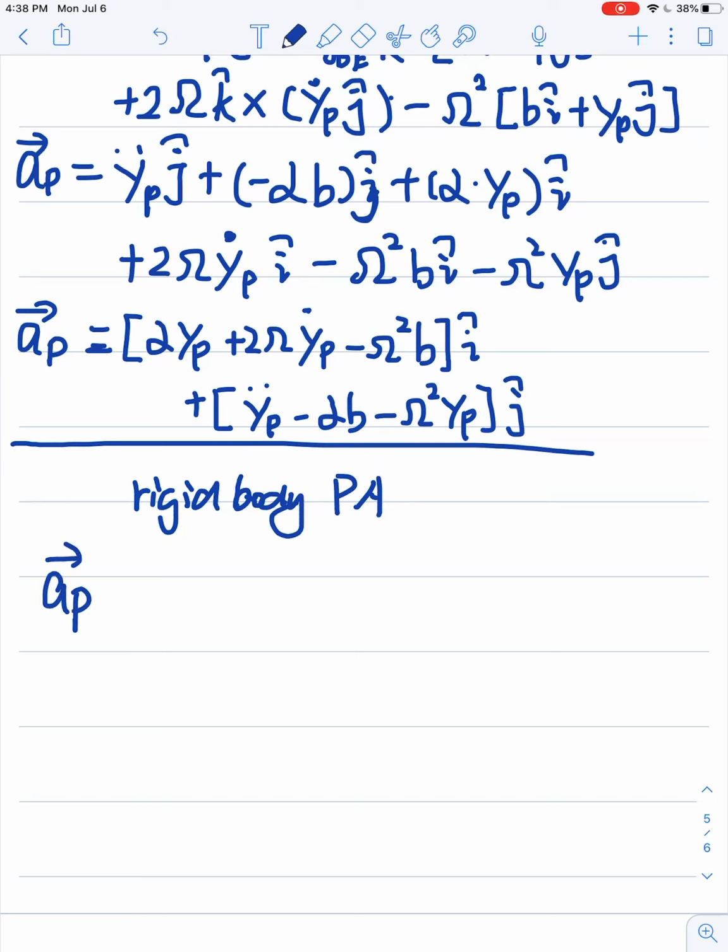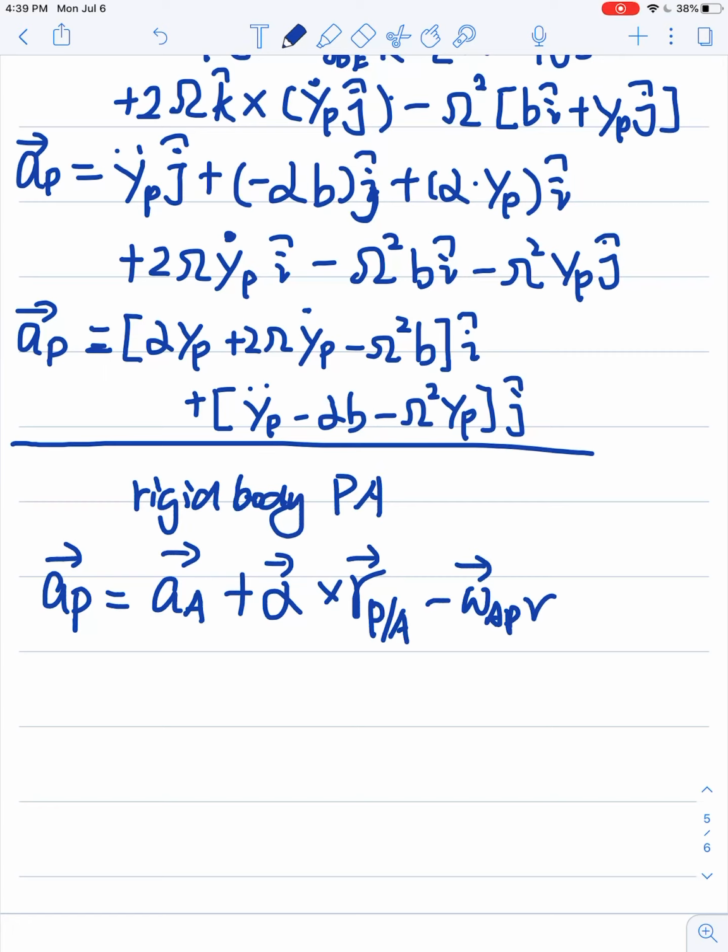And we have an expression from chapter 2: AP equals AA plus alpha cross RP slash A minus omega AP RA slash P.